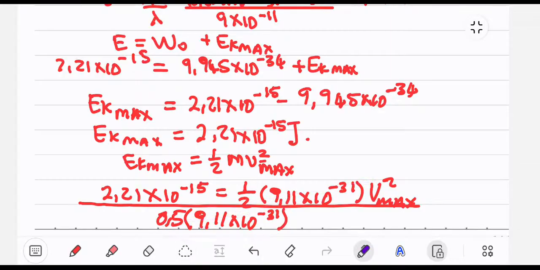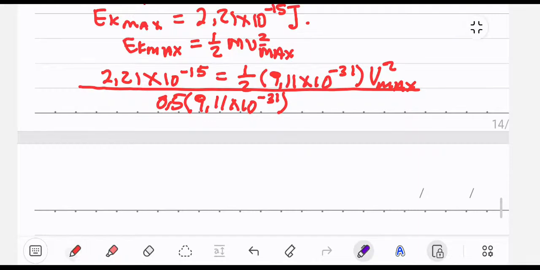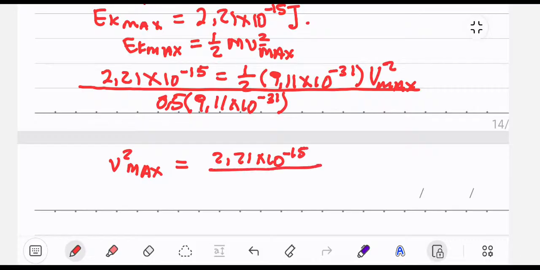So can you tell me, okay, without telling me, and then after that I'll say, okay, v squared max is equal to 2.21 times 10 to the negative 15 over 0.5 into 9.11 times 10 to the negative 31.